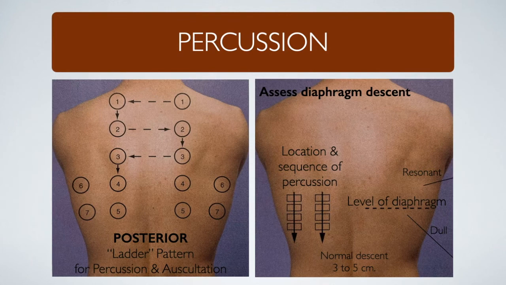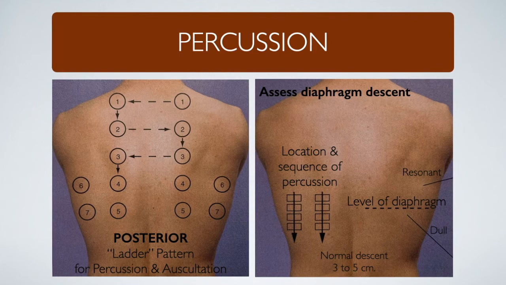Now, to assess the descent of the diaphragm, first you need to measure the level of the diaphragm with the patient normally breathing. So have the patient hold their breath for a while and measure the level of the diaphragm. And then have the patient fully inhale and again measure the level of the diaphragm.